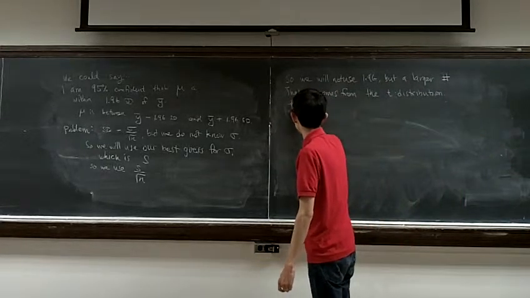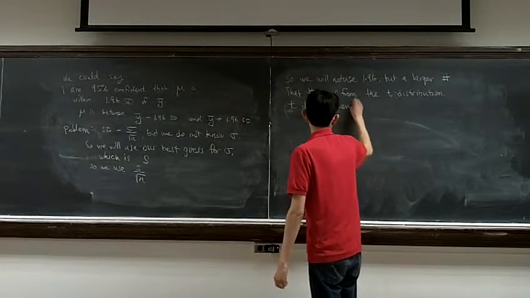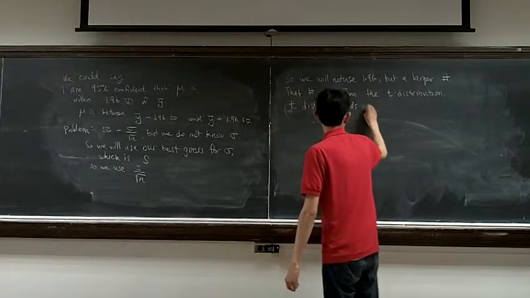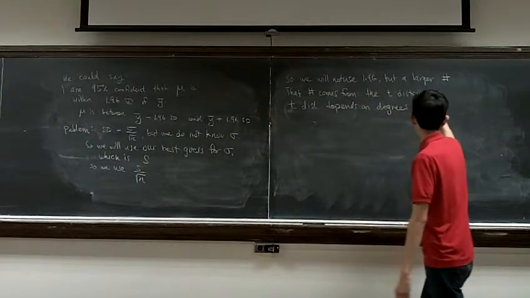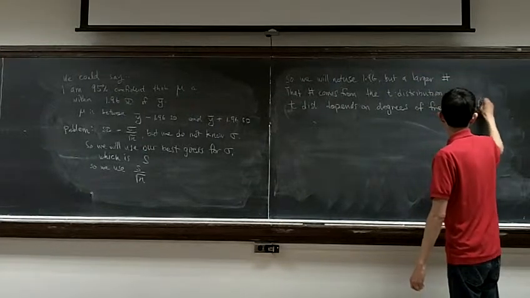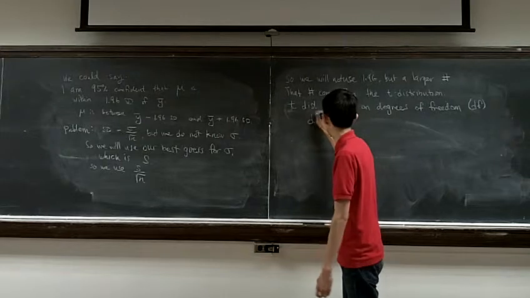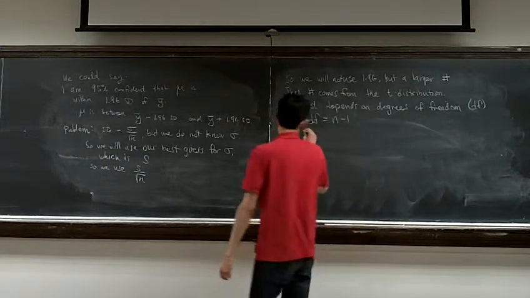It's lowercase t. The t-distribution depends on degrees of freedom, or df, okay? And df is equal to n minus 1, okay?